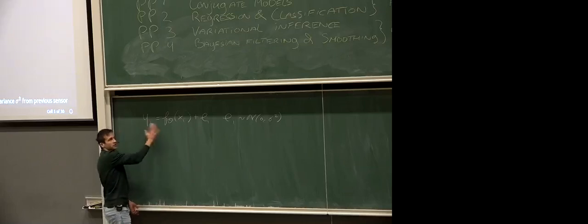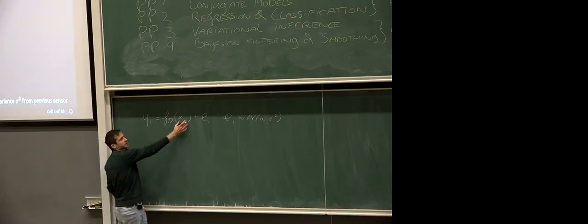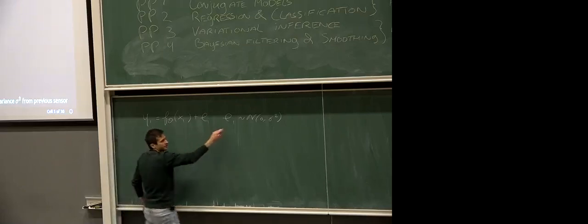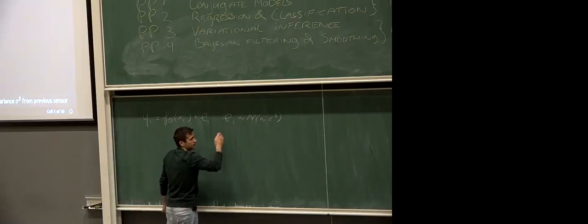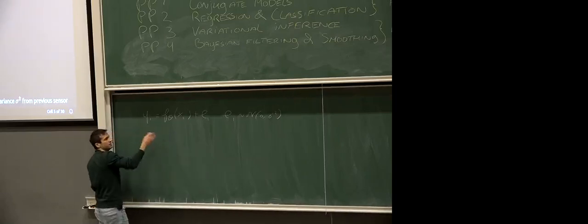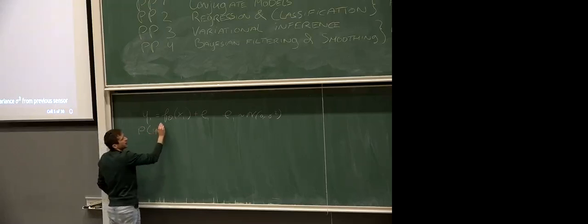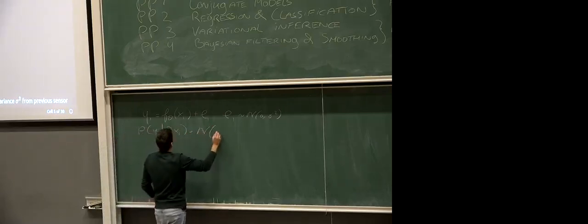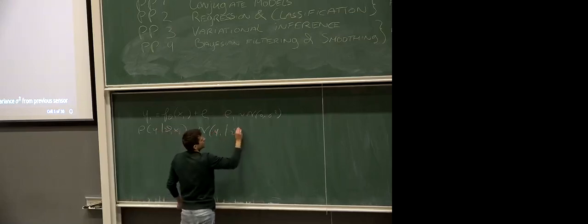We wanted to go from this classical description, where we have some input and some transformation that gives an output, perturbed by some noise sample, and then we characterize the distribution of these noise samples. But what we want is a probabilistic description. We want to describe the probability distribution of this output variable. And in the regression lecture, we wrote that as some Gaussian.